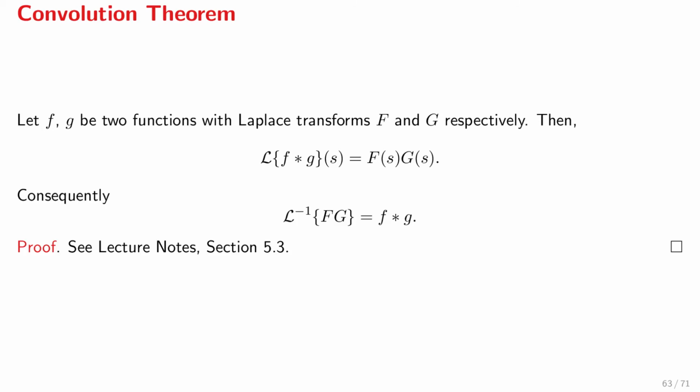Therefore, if you take the inverse Laplace transform on both sides, the inverse Laplace transform maps multiplication to convolution. The inverse Laplace transform of F times G is f convolution with g. And you can find the proof in the textbook.